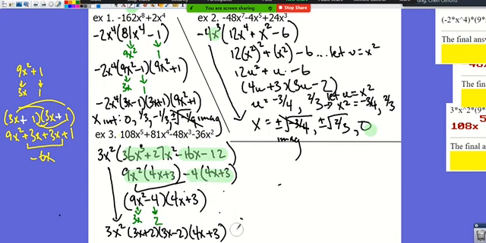And your x-intercepts are going to be 0, negative 2/3, 2/3, negative 3/4. Any questions on those, folks?